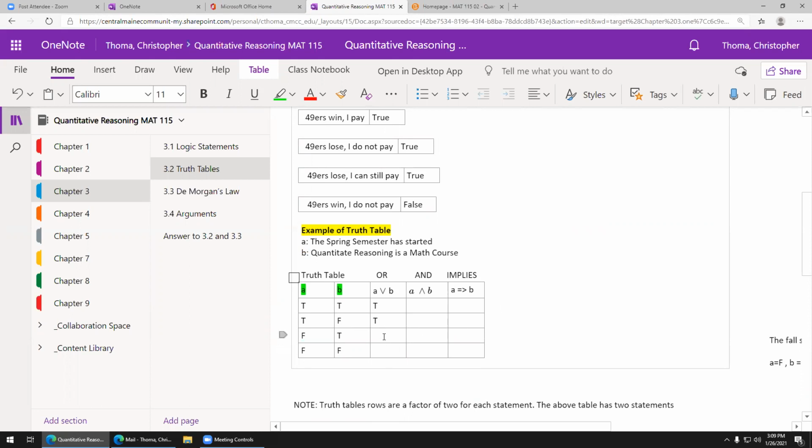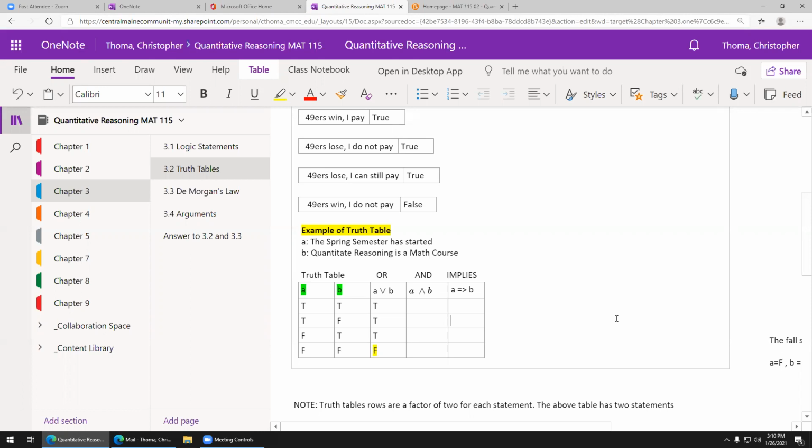A is false, B is true. Again, one of them is true, so this is still true. And finally, I have a false and a false. They're both false, so this is false. So an or statement is only false if all the statements are false.